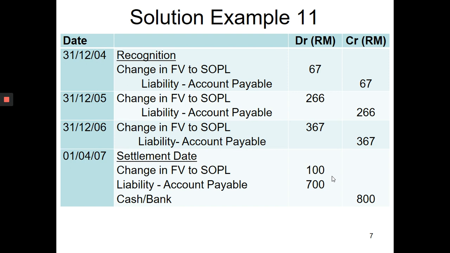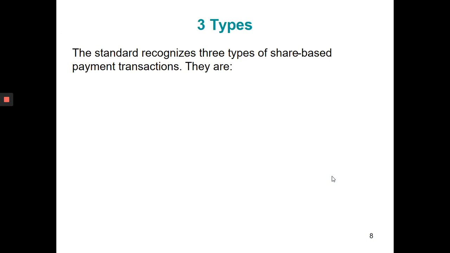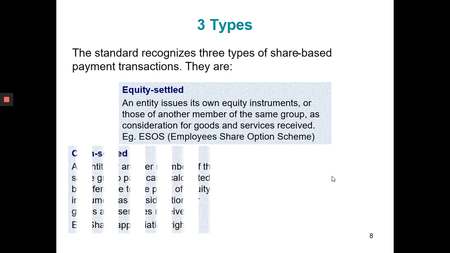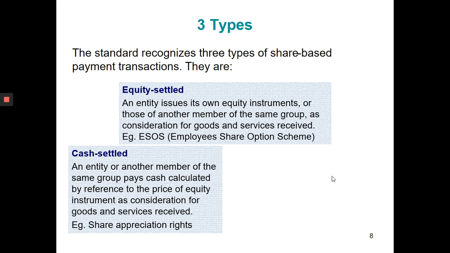Okay. So for employees, we already complete. Now the next part is, if you still remember, we already look at into equity settle. We already look at either third party transaction employees or non-employees. We already look at into cash settle for both type of transaction.